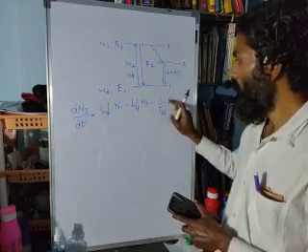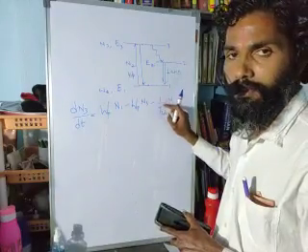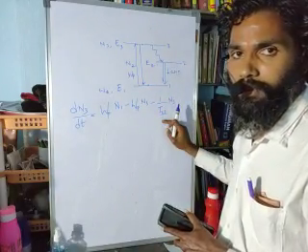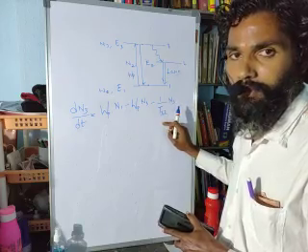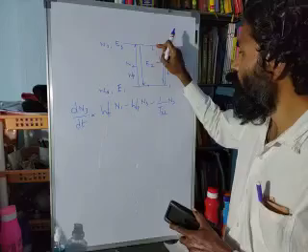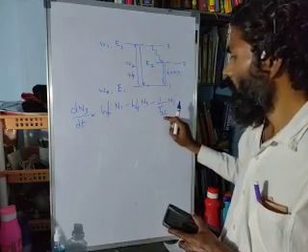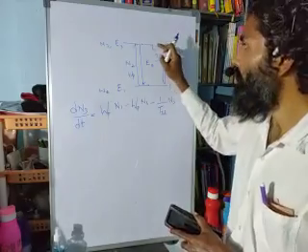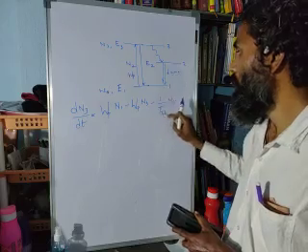So here we have two processes, radiative decay and non-radiative decay. Radiative is because of spontaneous emission from level 3 to level 2, and non-radiative is again from here to here, which I'm including in this term.